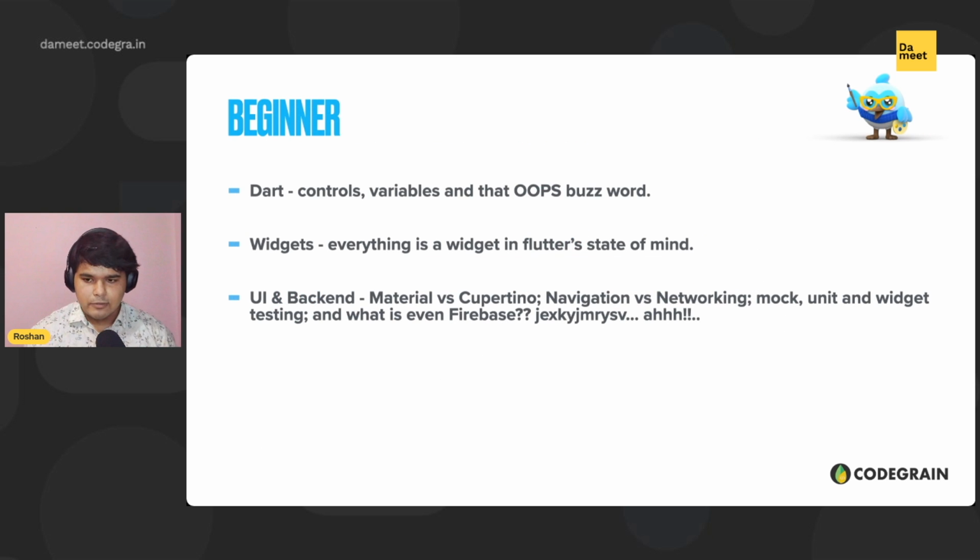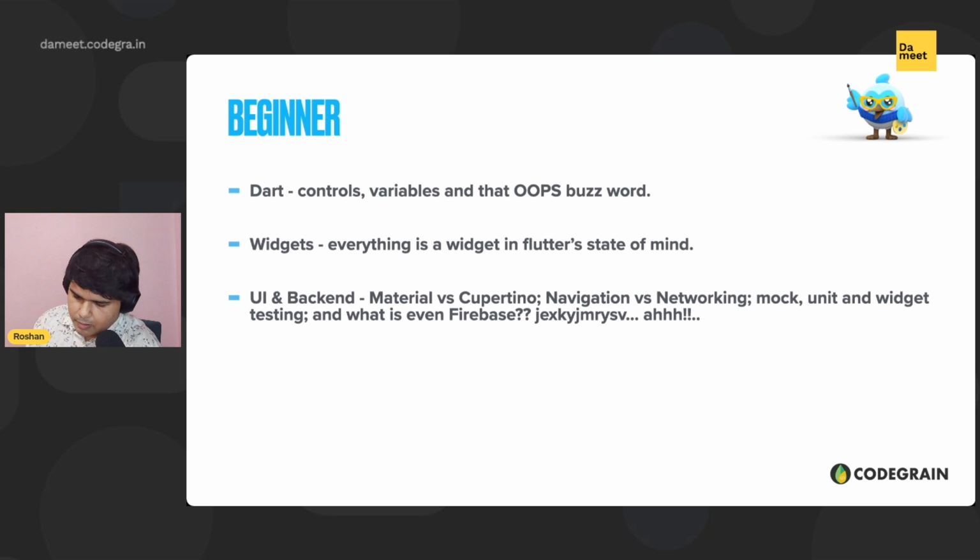So yeah, finally let's go to the next slide. Let's go back to the basics. I thought I would not spend a lot of time on the previous slide, so I could explain this one. A lot of Flutter questions. As this is an AMA, we'll answer all those questions later, by the end of this session. But let's talk about these three things that are there to be thought upon by a beginner Flutter dev.